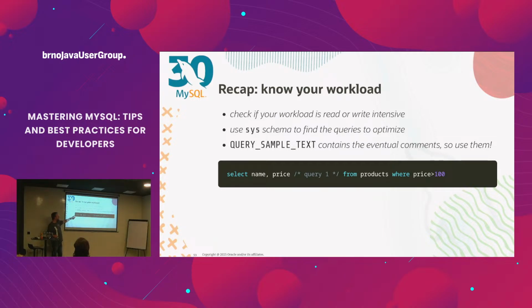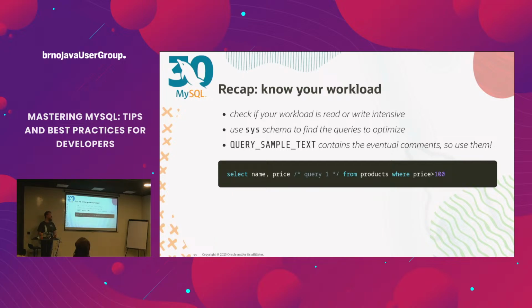And something very cool is that if you have comments, they are also shown. This is also something I recommend: use comments in your queries. So the DBA, when checking, can say, oh look, query number 1, or whatever you want to name it, in the production part, has an issue.